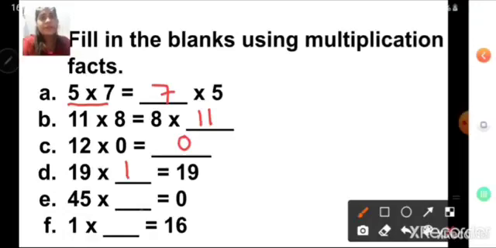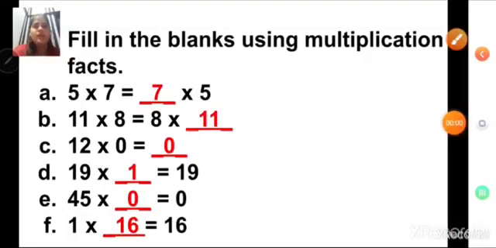Yes children? Yes, it is 0. Any number multiplied by 0, the product is also 0. Correct? The last one, 1 into dash is equal to 16. 1 times 16 will be 16. 1 sixteen is 16. Children, note down the answers in your textbook.